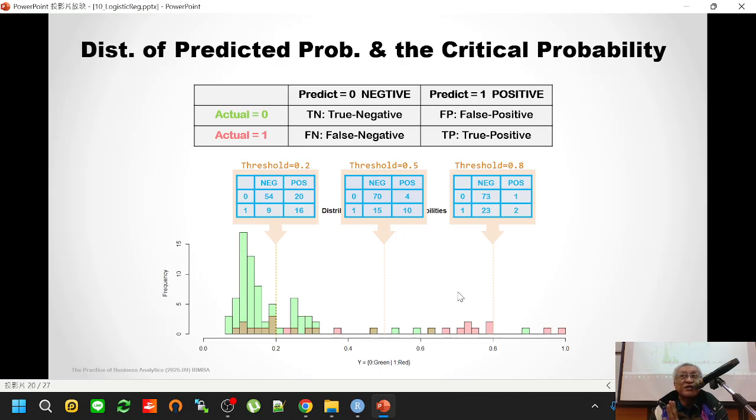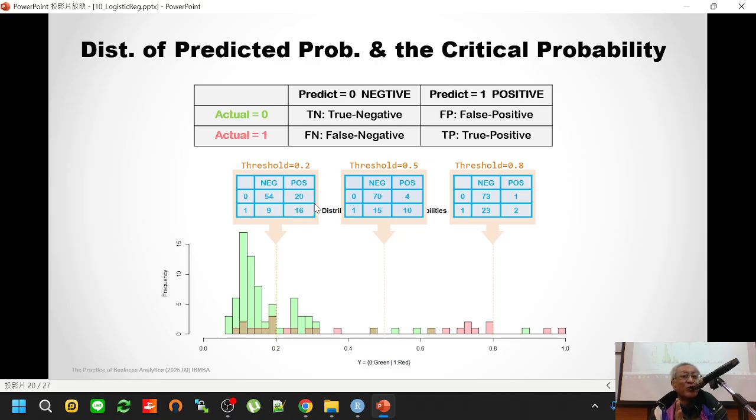For example, with poor care, you might want to apply some predictive prevention medication to those whose probability of poor care is higher than 80%, right? It's not necessarily that you want to take action at 0.5. Sometimes you want to take action on lower probability, okay?